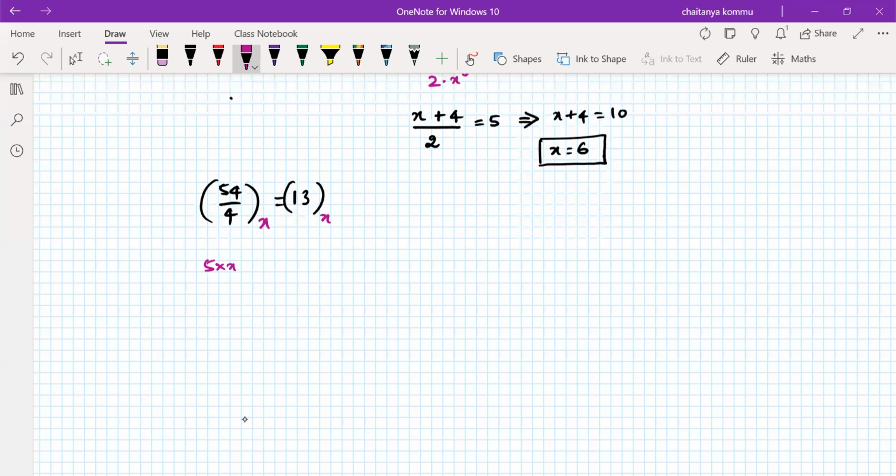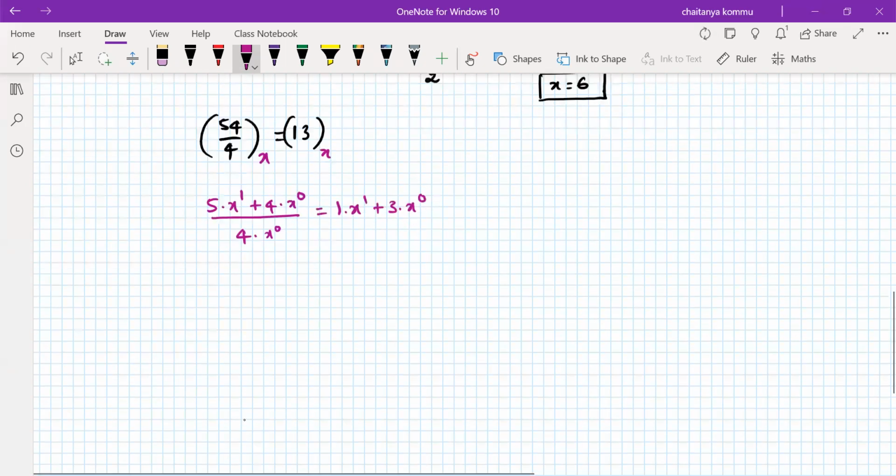So what is this value? 5 into x to the power of 1 plus 4 into x to the power of 0, divided by 4 into x to the power of 0, is equal to 1 into x to the power of 1 plus 3 into x to the power of 0.